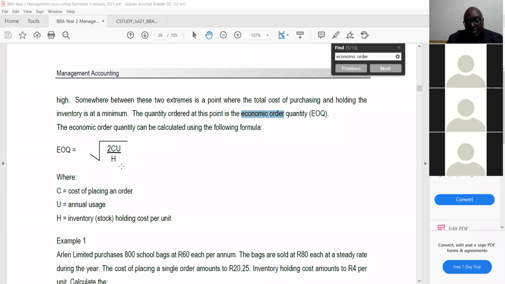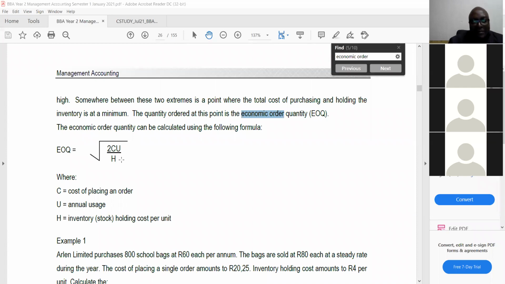This is the way to memorize the formula. So I'm saying this square root thing is the heart. That's why I'm saying I love 2. So 2 is always there, it's a constant. Then C is the cost of placing an order. Then U is the annual usage. Then H is the holding cost per unit.